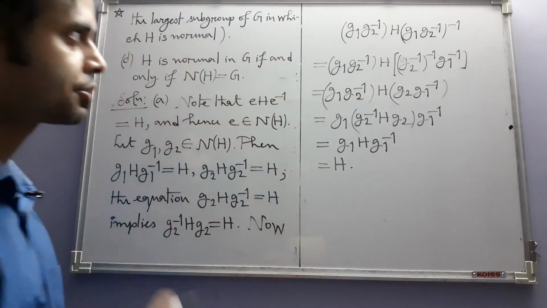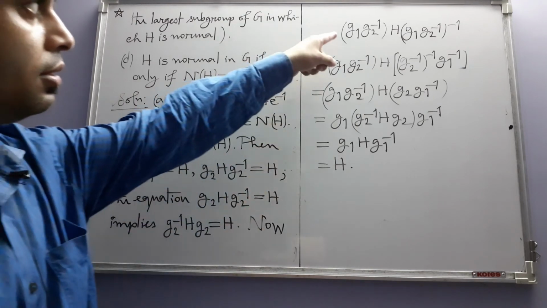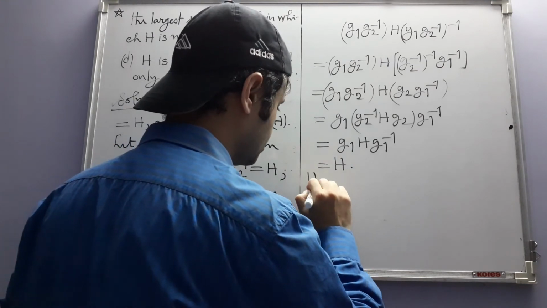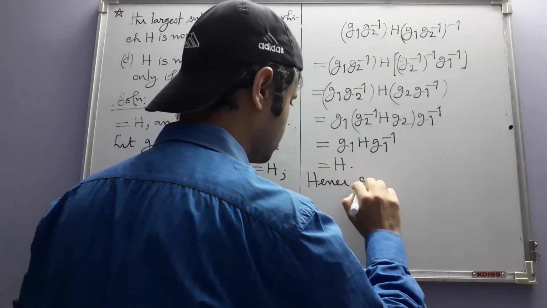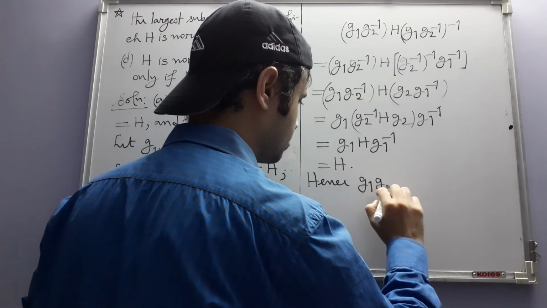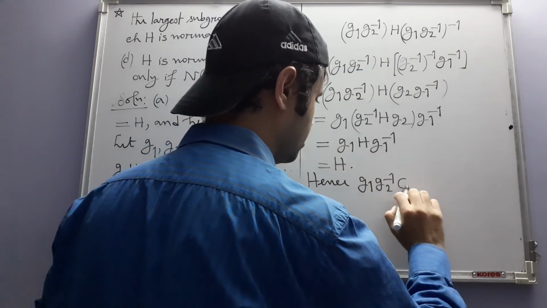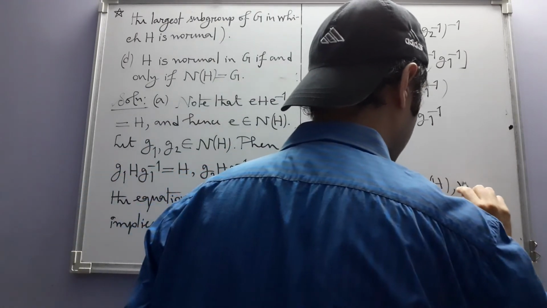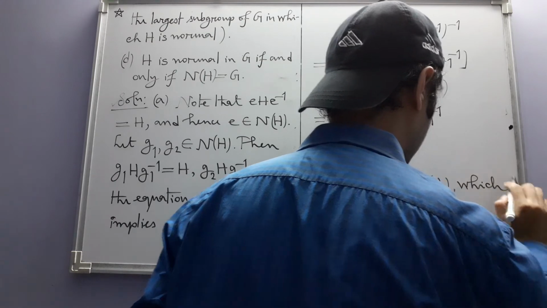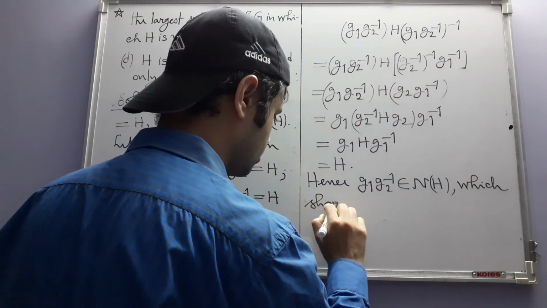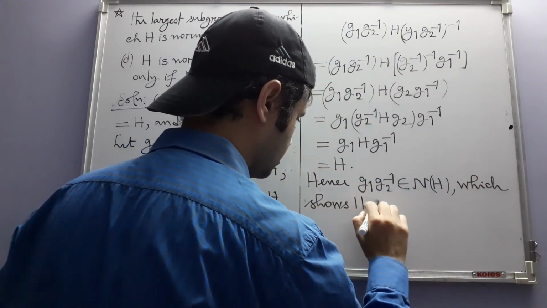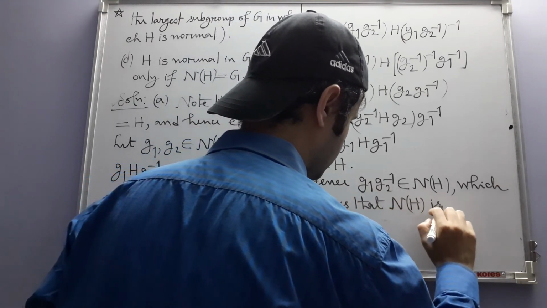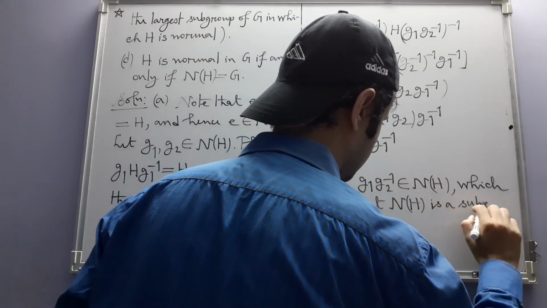So that's it. We have shown what we wanted to show. This inverse is equal to H. Hence, G1 G2 inverse belongs to NH, which shows that NH is a subgroup of G.